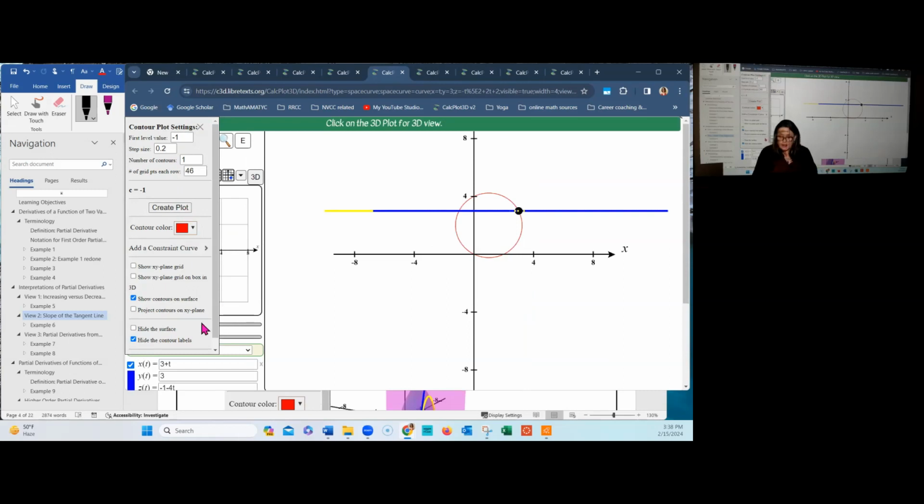Notice here that the blue line, which represents the tangent line, and the yellow, which represents the trace, in the plane y = 3 are both parallel to the x-axis. The slope of the tangent line is the partial derivative with respect to x. We're holding y constant, and so this is coming through right there, parallel to the x-axis at the value where y = 3.